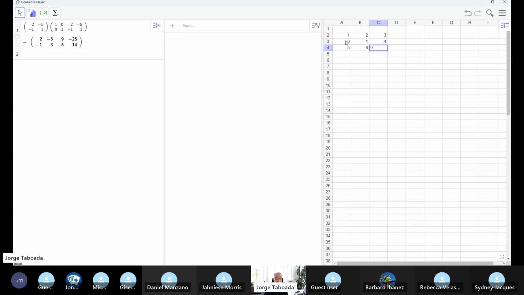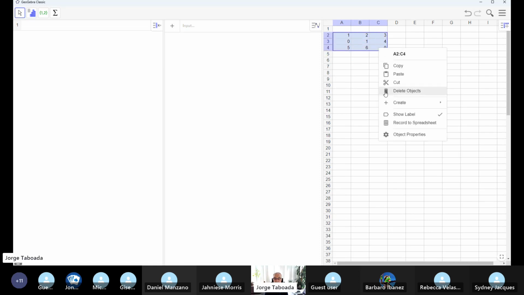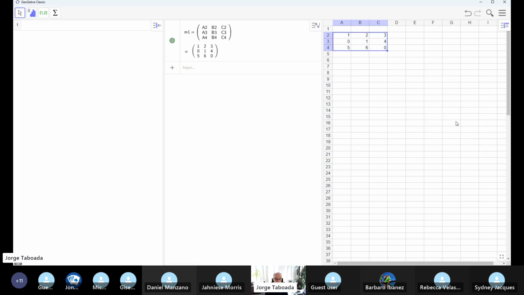Okay. I try to delete this one. Now I select and create the matrix associated with these numbers, and compute the determinant.